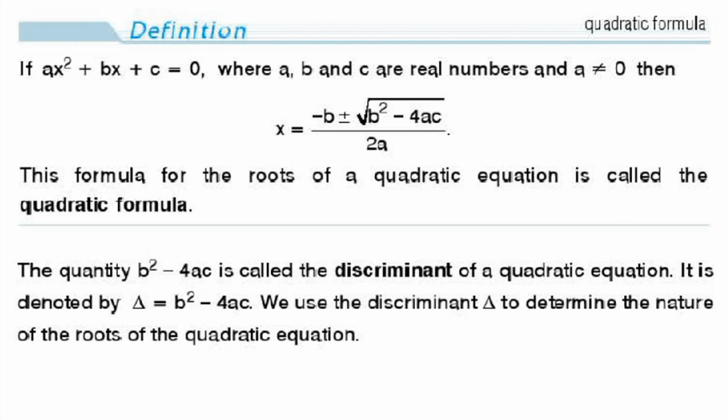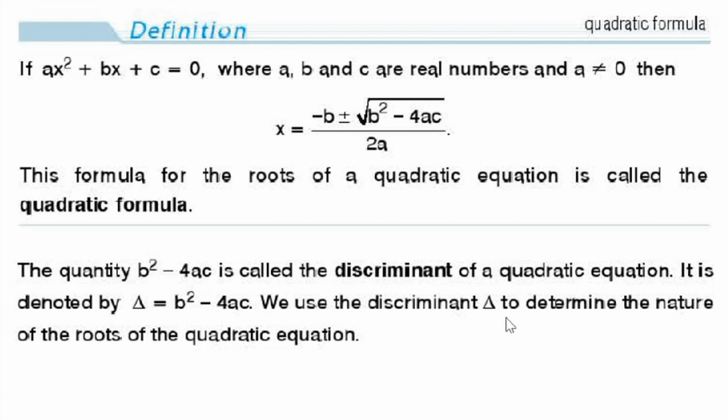The quantity b squared minus 4ac that is inside the radicand is what we call the discriminant of a quadratic equation. In our solution, we are going to use the symbol delta. So it is denoted by delta. Delta equals b squared minus 4ac.